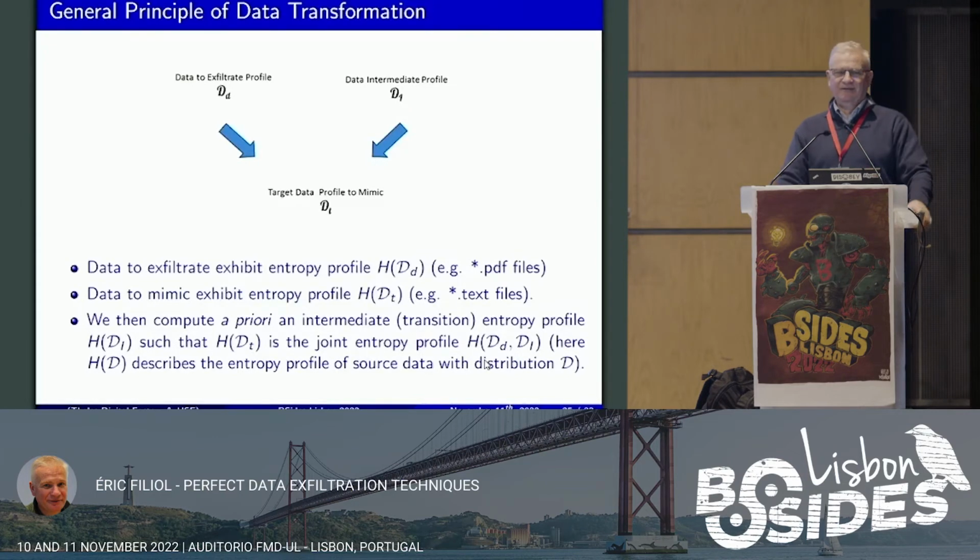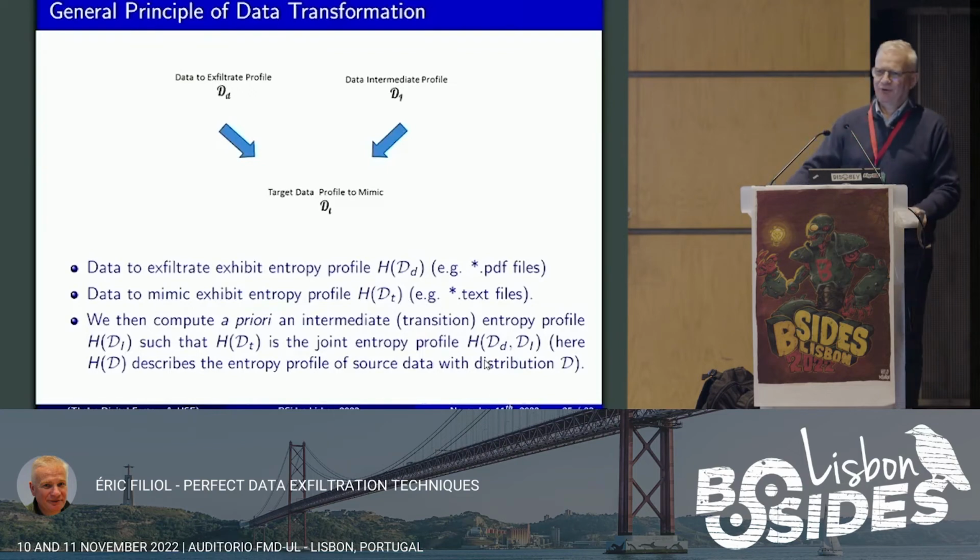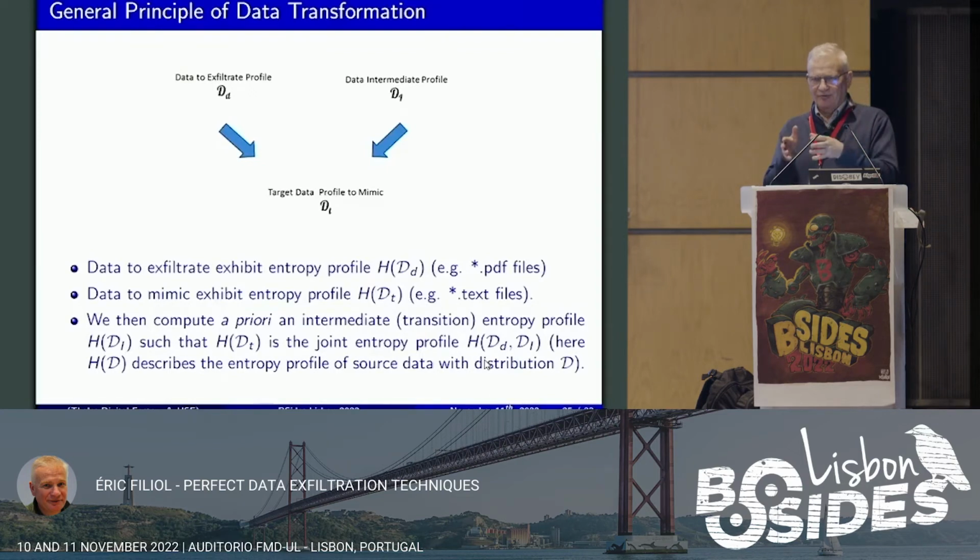It means that you have a PDF, you transform it depending on the secret key. At the end, you have the same information, but it looks like a text file. And of course, your DLP says, okay, I block every PDF, but text is okay. And your text will be exfiltrated. So it's a very general approach, which is very powerful.